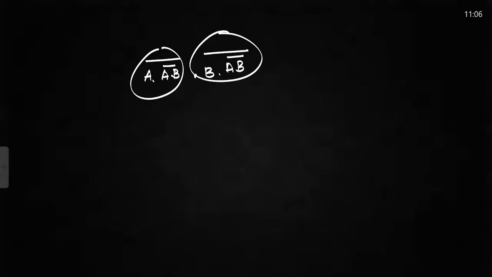In the calculation, how much you will get? A and AB bar plus B and AB bar. So here you will get, if you are taking AB bar constant, A plus B.